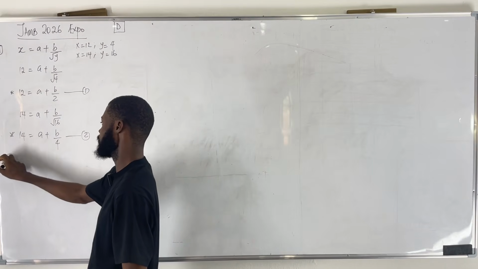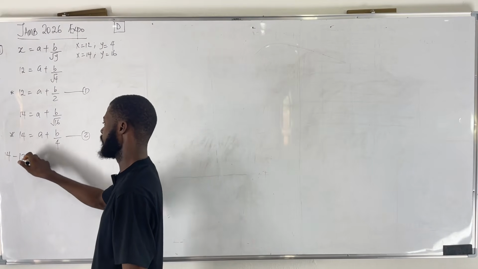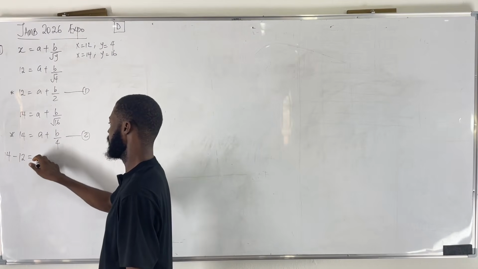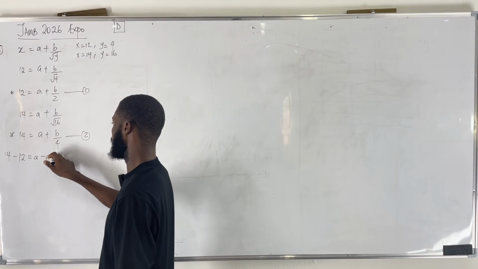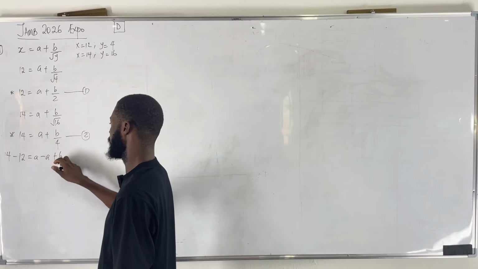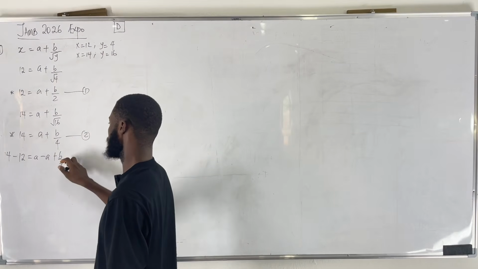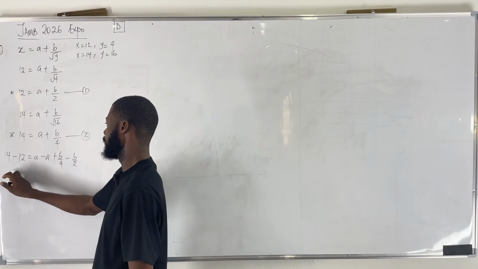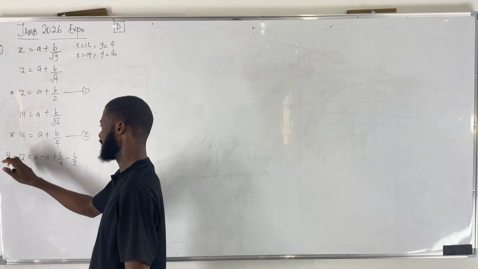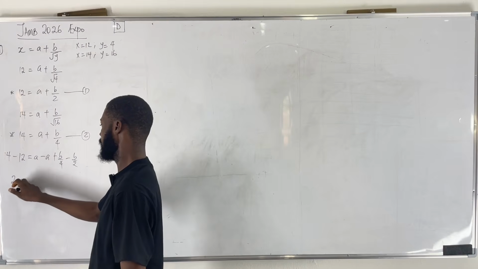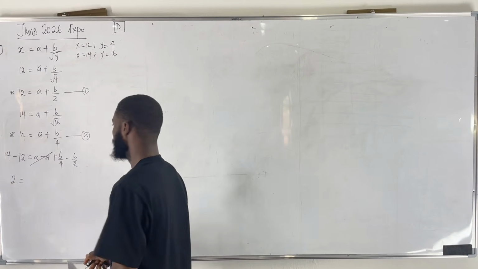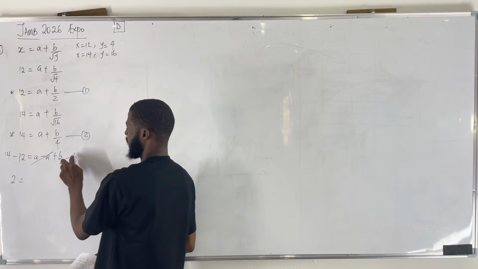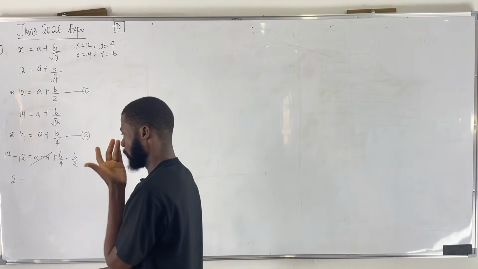So 14 minus 12 is equal to a minus a, then plus b over 4 minus b over 2. So 14 minus 12 will give us, hold on, 2. A minus a is gone. b over 4 minus b over 2. What would that give to us?